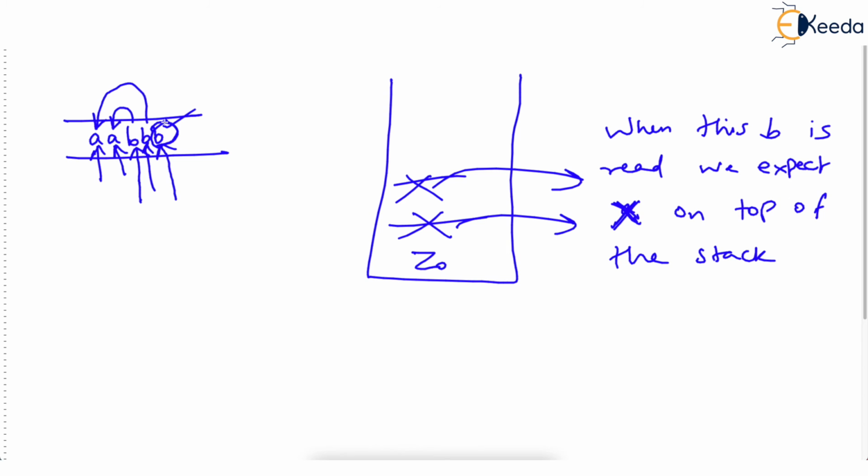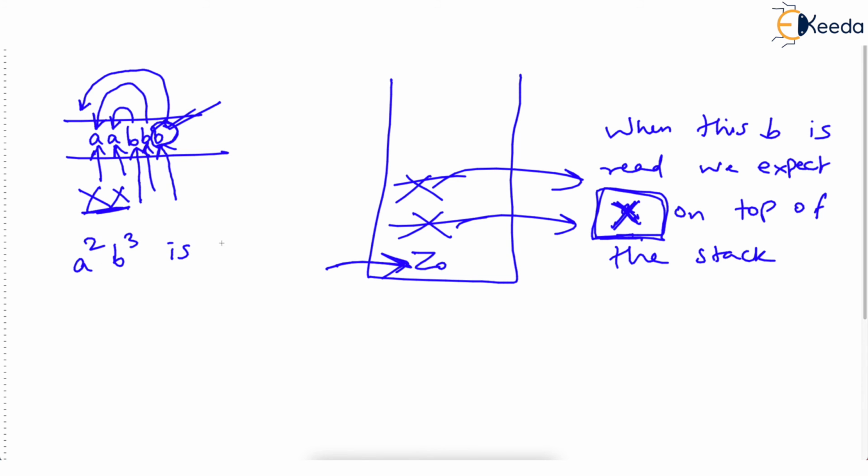Because if there is a B, then there should have been an A. But notice the top of the stack is Z0. We don't have X pending on the stack. What does it mean? That the number of B's surely is more than the number of A's, because the number of symbols X that we pushed is less than the number of symbols that we can pop. As we have Z0 on top, and not X, we will say that A square B cube is rejected.